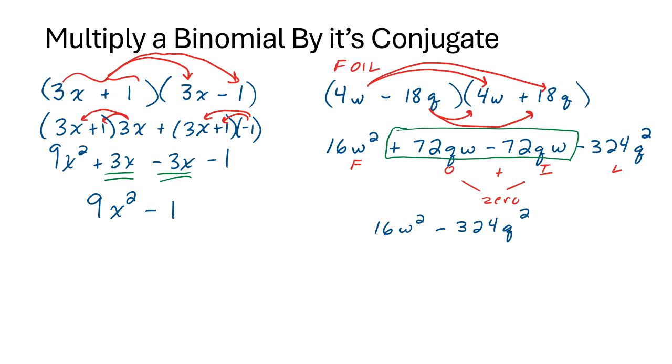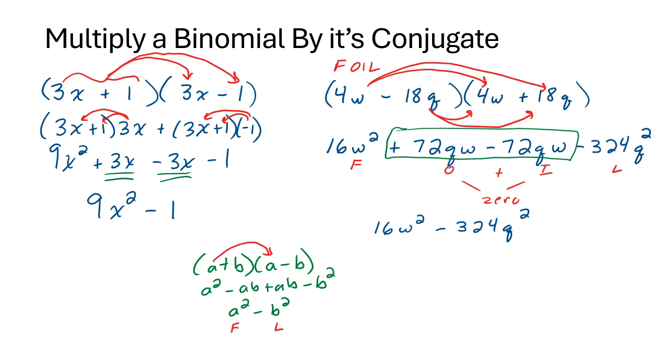So in general, if I have a plus b times a minus b, we end up with a squared minus ab plus ab minus b squared, or a squared minus b squared, which is basically your first two terms multiplied together and your last two terms multiplied together.